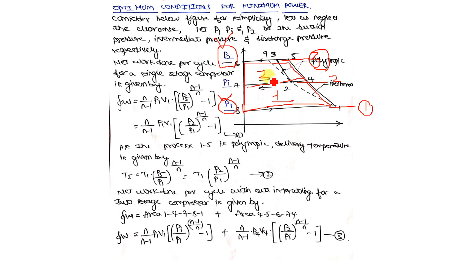Pi is the pressure at which cylinder number 1 gives the output, and it is also the pressure at which cylinder number 2 gets the input. The intermediate pressure is the same pressure in both cases, but it is the input pressure for cylinder number 2 and the output pressure for cylinder number 1. So that is known as your intermediate pressure.